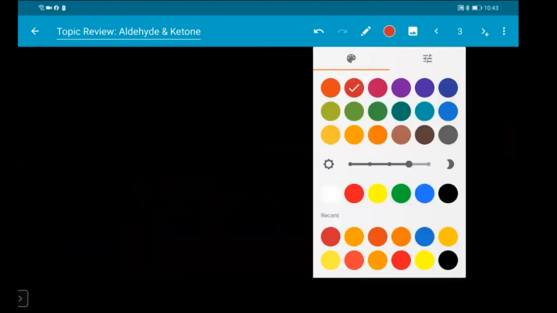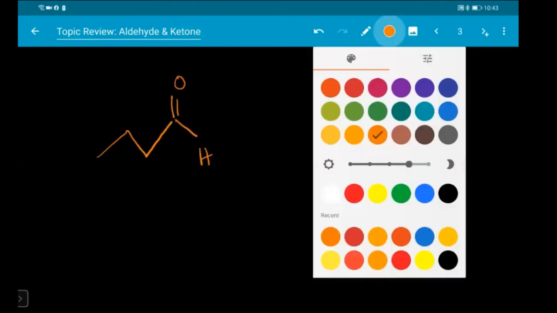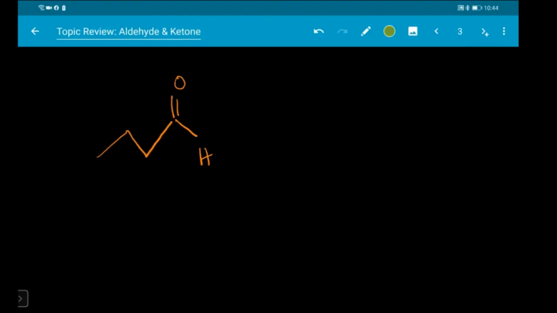Asal aku pakai pen merah ni. Alright. We have butanal. And then we have ethyl magnesium bromide. And normally this reaction will be conducted with the presence of water in acidified medium.